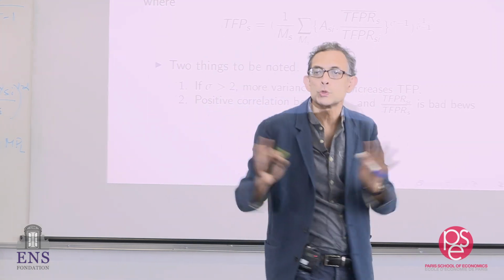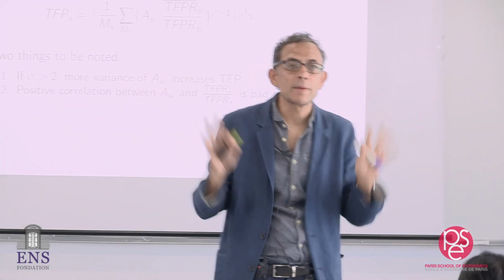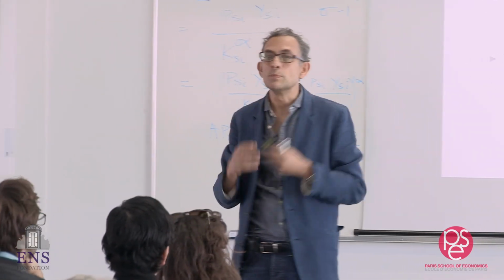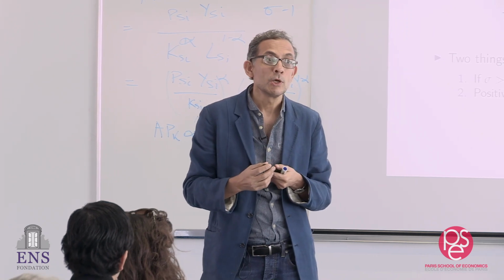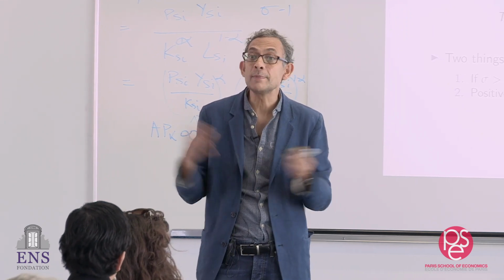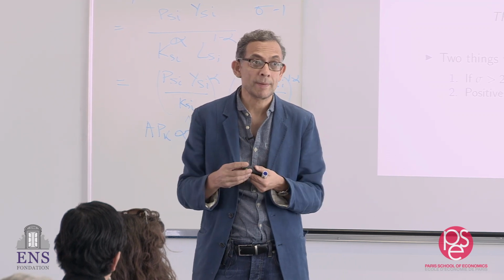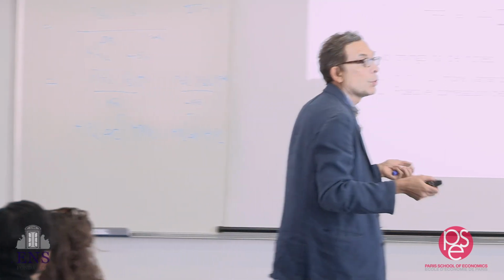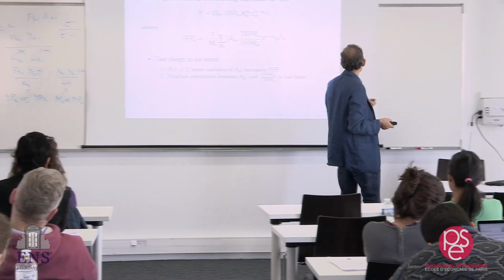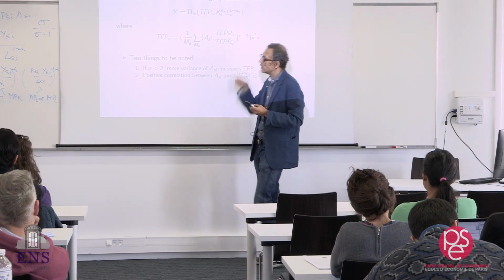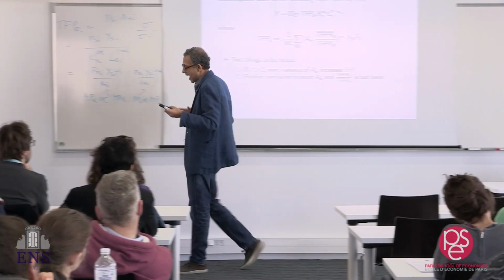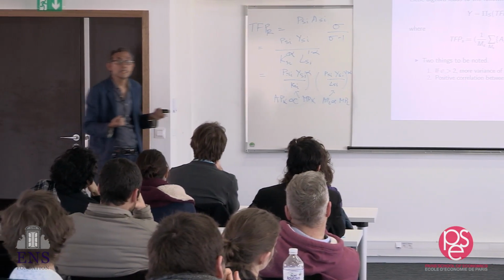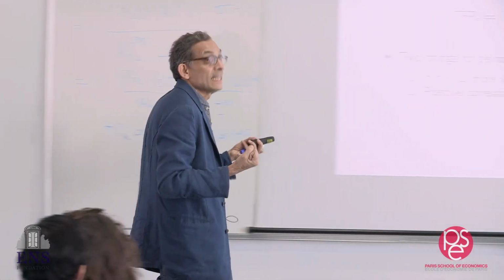Okay, let me not spend much time on the formula, since I have not explained it. The main idea is that what you want is productive firms to have lots of capital. If anybody has to have lots of capital, who should have lots of capital? It should be the most productive firms. So in other words, what you want is a situation where the correlation between productivity and TFPR is negative.